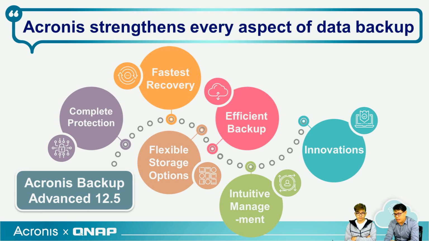The objective of Acronis is to protect the data belonging to the enterprise. So even physical machines, virtual machines, databases, and even Office 365 can be protected by Acronis. And the fastest recovery helps the user reduce the RPO and the RTO. Yes. And try to shorten the service downtime.